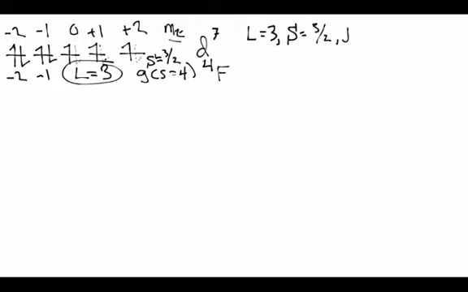We have an L of 3, an S of 3/2. So the possible values of J go from 3 minus 3/2, the lowest we can get, which is 3/2, all the way up to 3 plus 3/2, which is 9/2. So we have 3/2, 5/2, 7/2, and 9/2 as the allowed values of the total angular momentum.